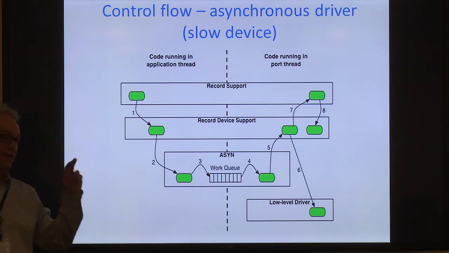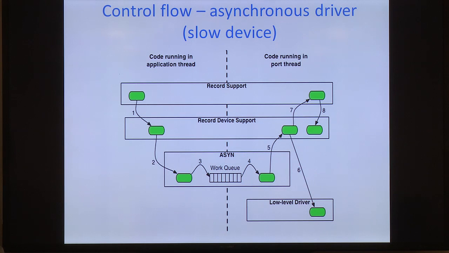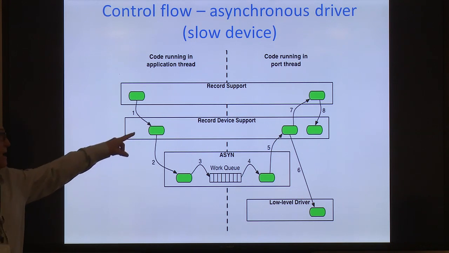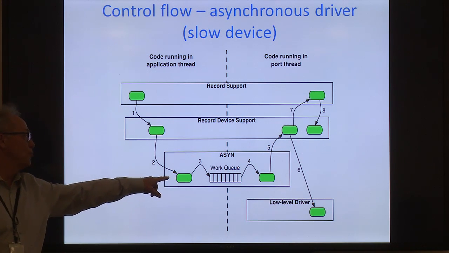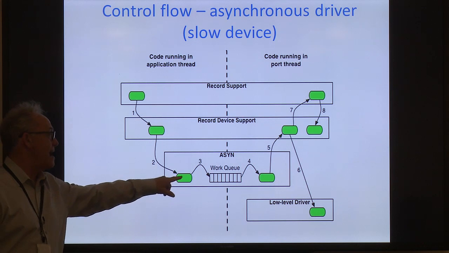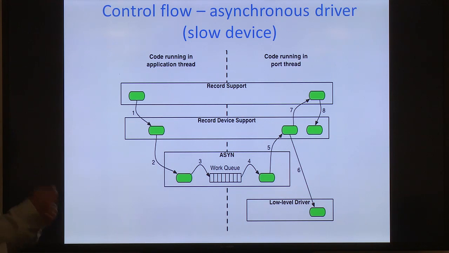calls ASYN manager, which is the set of routines that are globally available for working with ASYN. It calls ASYN manager queue request and asks ASYN manager to queue a request to communicate with the underlying port driver.